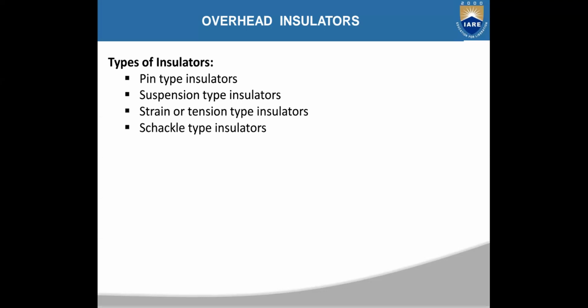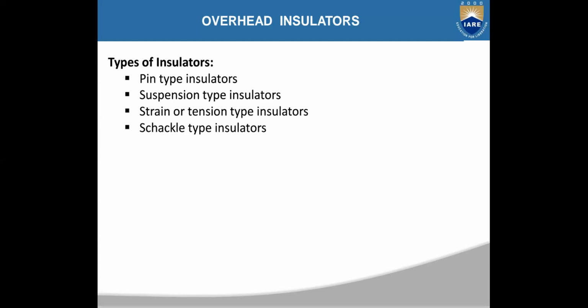And strain type insulators or tension type insulators are similar in design to the suspension type insulator. This strain type insulator also has a number of discs connected in series. But the main difference is that suspension type insulators are connected vertically, and these are connected horizontally with some inclination.